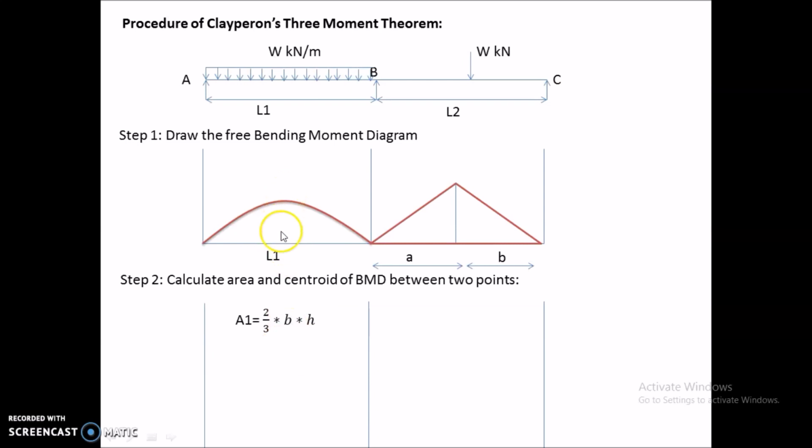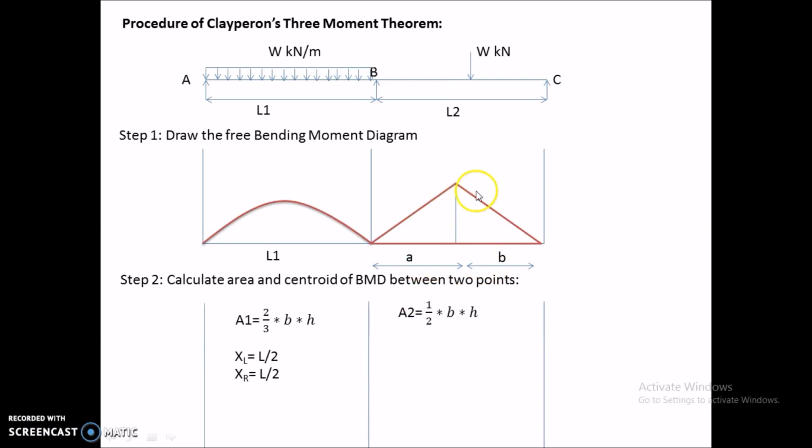We will get to know the height of this parabola by analyzing this one, and the base is L1. And coming to centroid values, for the parabola it will be at the center, so L1 by 2 from the left side and L1 by 2 from the right side. Coming to the second part, the area will be half base into height.